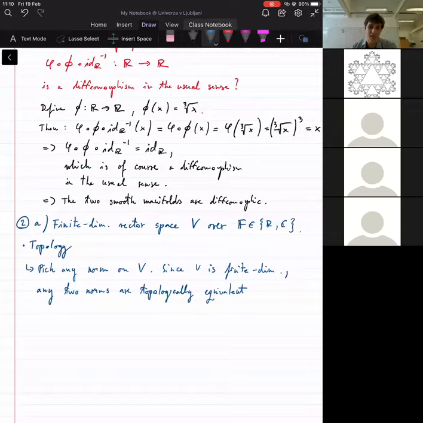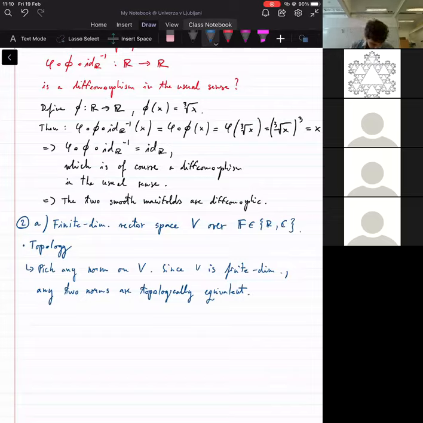This would mean actually that you are promoting your isomorphism of vector spaces to an isometry, right? And this is what gives us the topology on V.